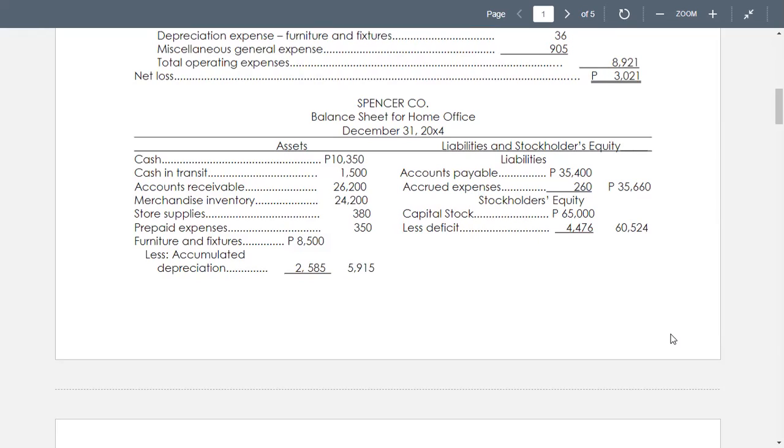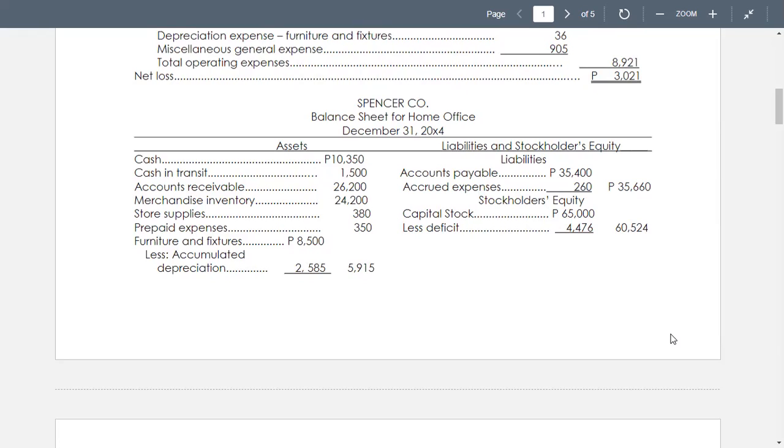5,915. For the liabilities and shareholders' equity of the branch, we now have, or I mean the home office, we have accounts payable, accrued expenses, capital stock, and now we have the retained earnings of only 4,476.